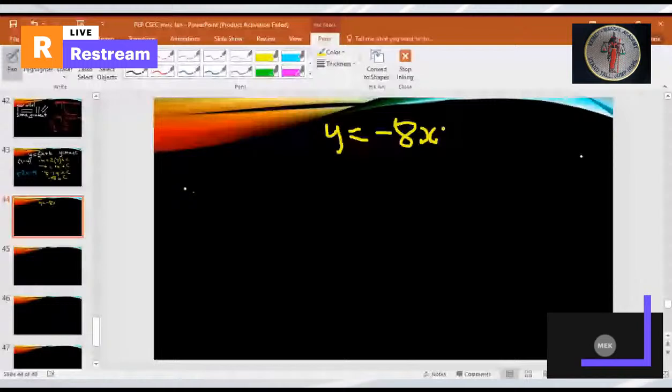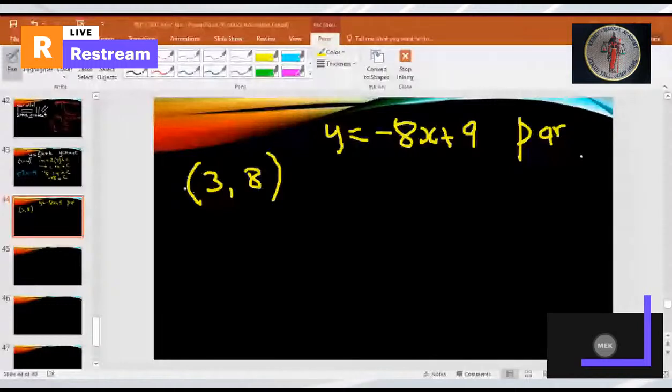This other line is parallel to the first line, and a point on the second line is 3, 8. They are parallel. I want you to work out for me the equation of this second line.